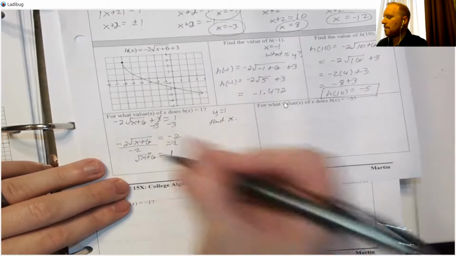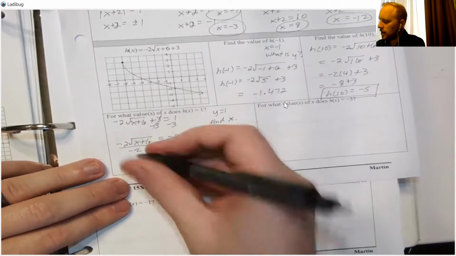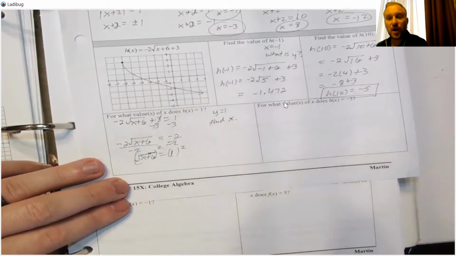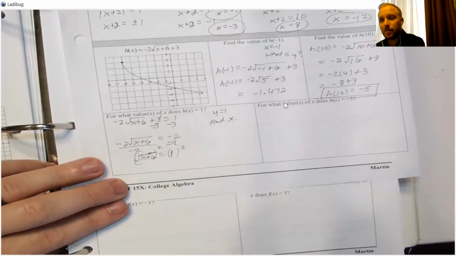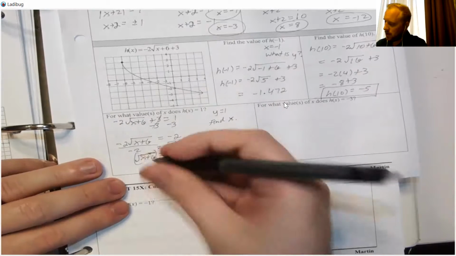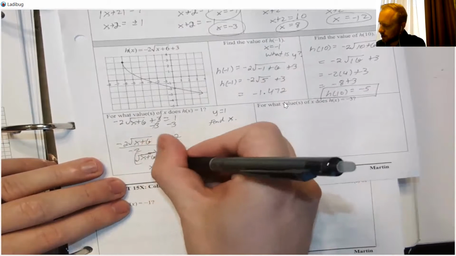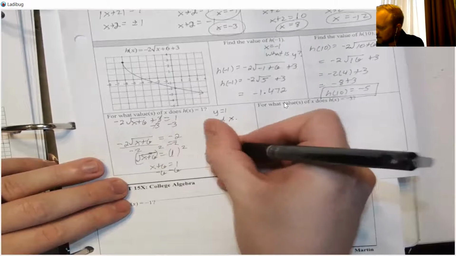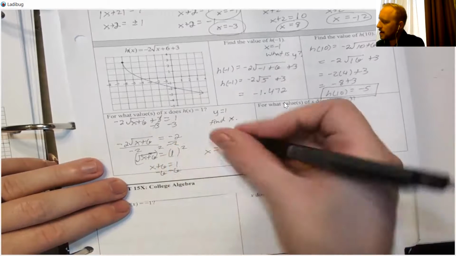And I'm going to do the opposite of square rooting. I'm going to square this. Okay, squaring is different than square rooting. So we don't have to put plus or minus when we square it. So this gives us x plus 6 is equal to 1. Then we're going to subtract 6 to both sides. So we got x is equal to 1 minus 6 is negative 5.